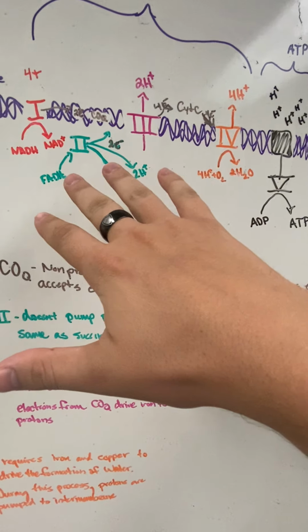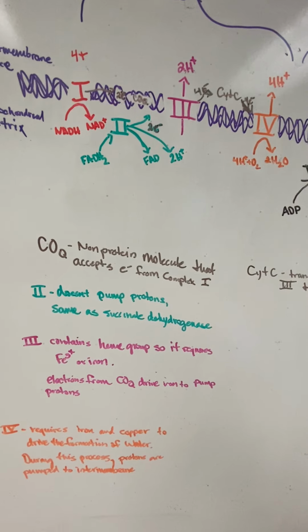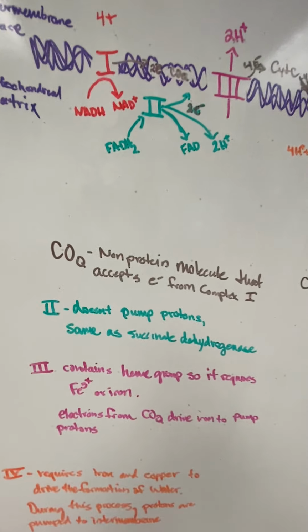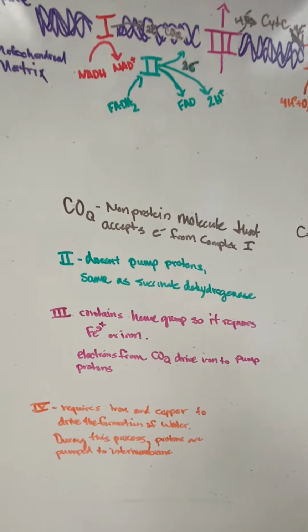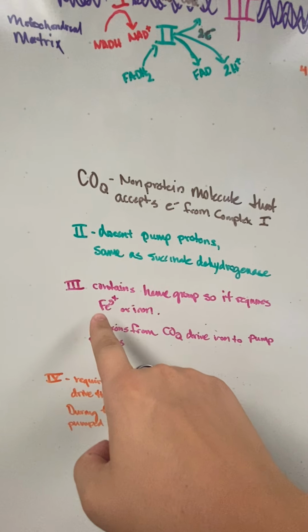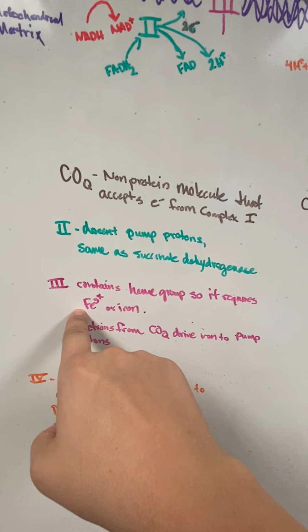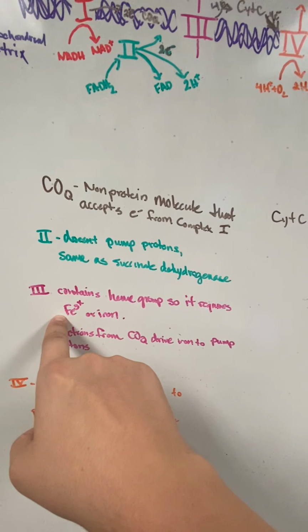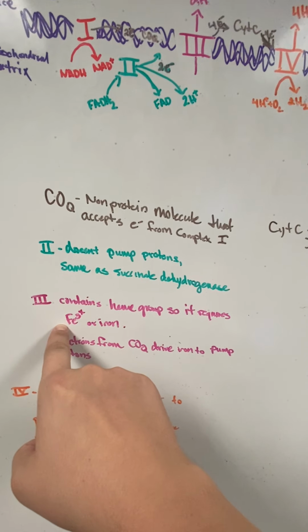So what it does is it will end up reacting with complex 3. Complex 3 requires iron, and we have to change the ionization of iron. And what does it?